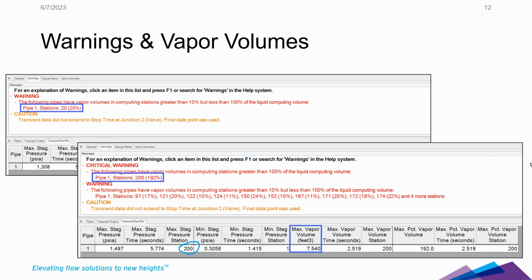So the point here is just to keep in mind your relative differences of section volumes. Your vapor volumes are very similar, and when you look at the maximum pressure, 1308 versus 1500, yes, the results are different, and you have higher pressure here, but it's not significantly different. This might be still not as bad. It just depends on the situation that you're dealing with.